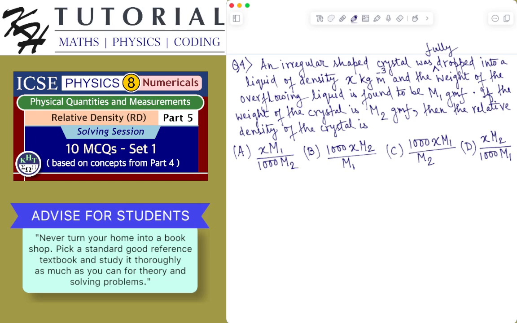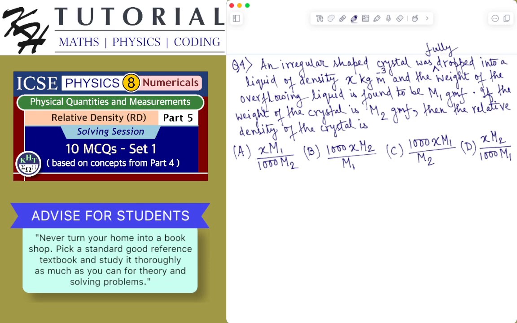Now, the mass of the crystal is given, which is m2 gram. If we know the volume of the crystal, then we can find its density, and from there we can find the relative density.